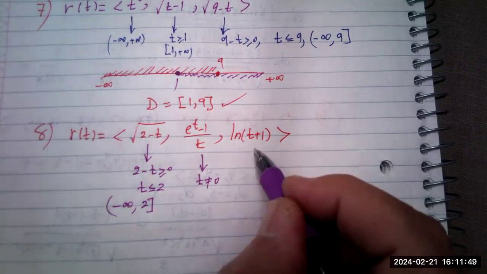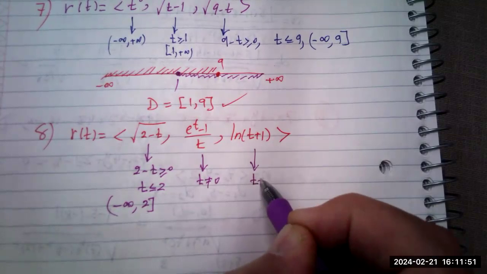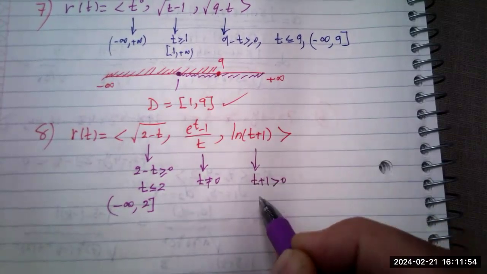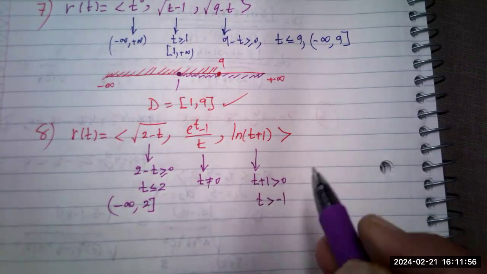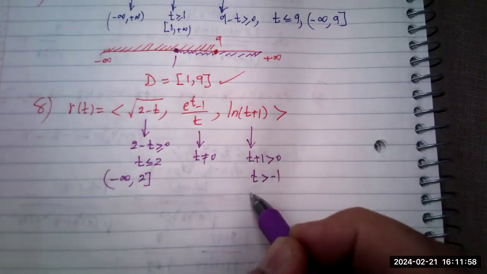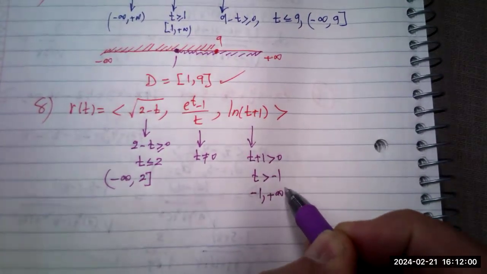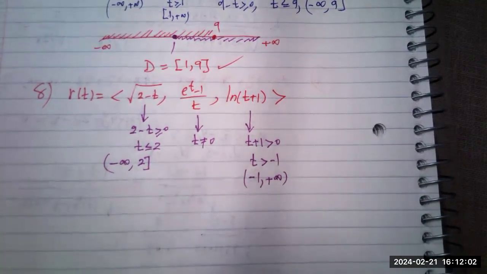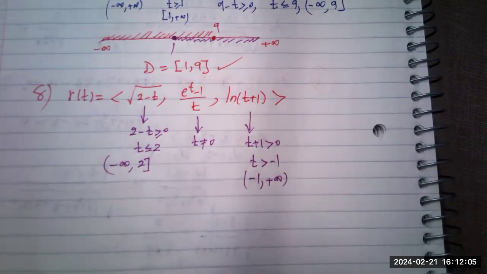The last one is the ln function, t plus 1 has to be greater than 0, so t greater than negative 1. So it's going to be negative 1 to positive infinity, but negative 1 is not included. The middle one can be taken care of quickly, so take care of the others.